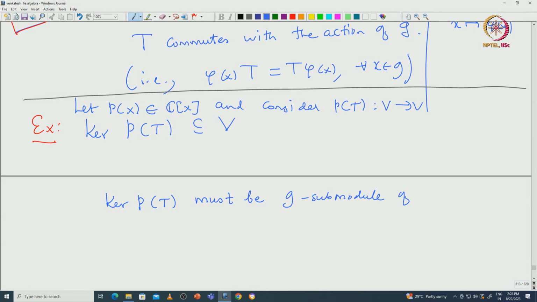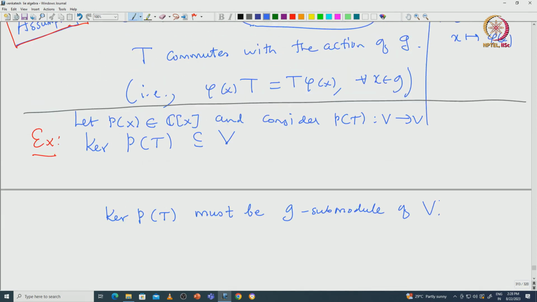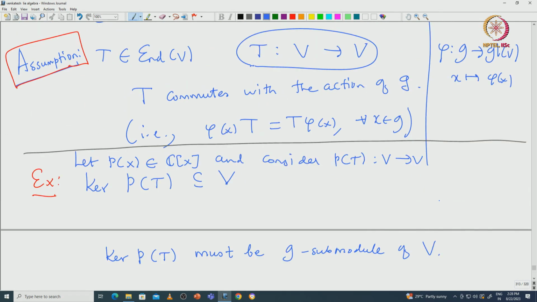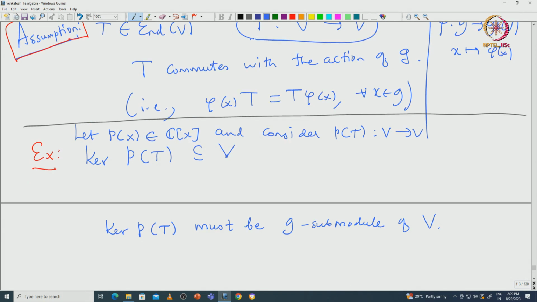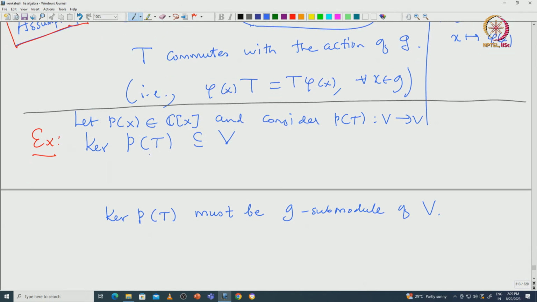of capital V. Because T commutes with phi of x, that makes T a G module homomorphism from V to V. In particular this P of T will also become a G module homomorphism from V to V, because P of T will also commute with the action of G. So, that makes this kernel of P of T a submodule.